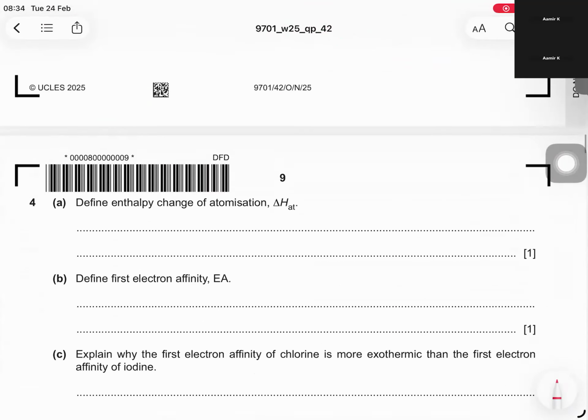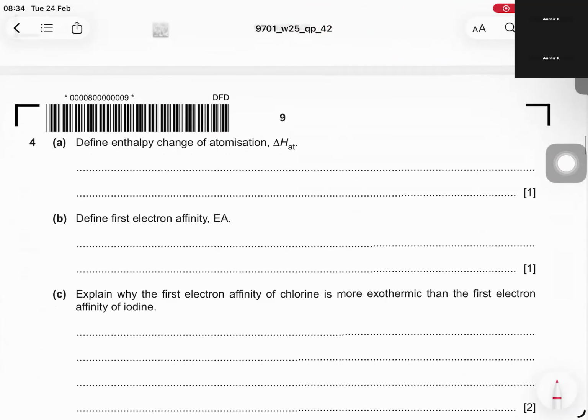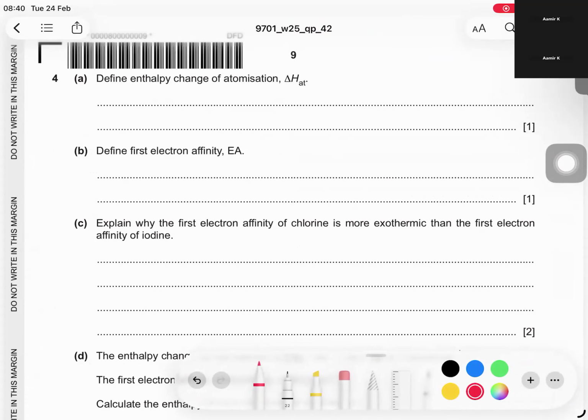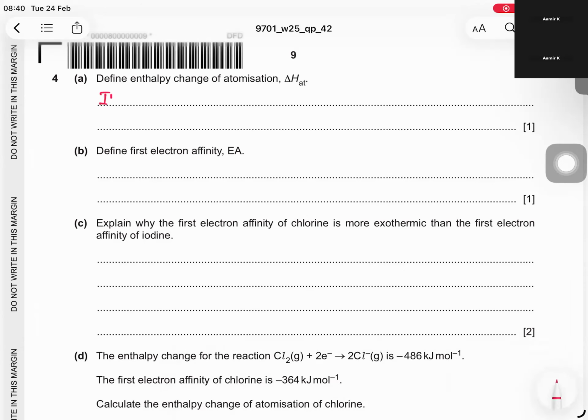Question number 4. Look at question number 4. Define the standard enthalpy change of atomization. It is the enthalpy absorbed. It is always endothermic.